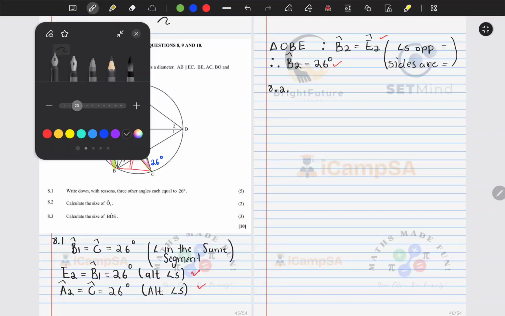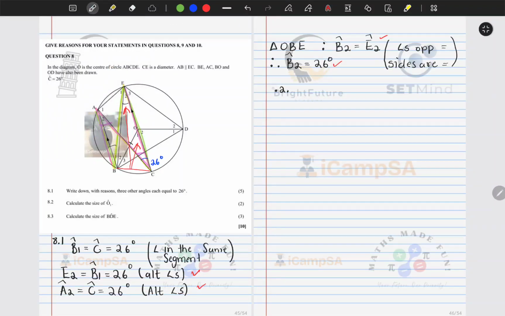Okay, so what does this mean? Well, if you remember the theorem, angle at the center is twice the angle at the circumference. So angle O1 is the same as 2 times E2. And the reason for that is very simple: angle at center is equal to 2 times angle at the circumference.